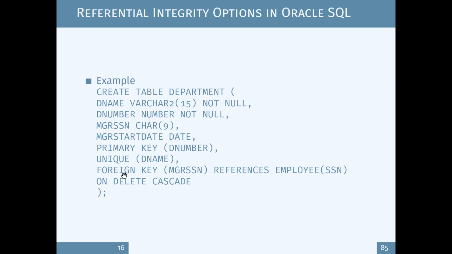Right. This statement is actually how, for example, manager social security number references the social security number, because we know that whoever the manager is, is actually connecting to the employee. So that foreign key constraint we list here. And we will say that if you delete an employee, right, that should affect the department as well.